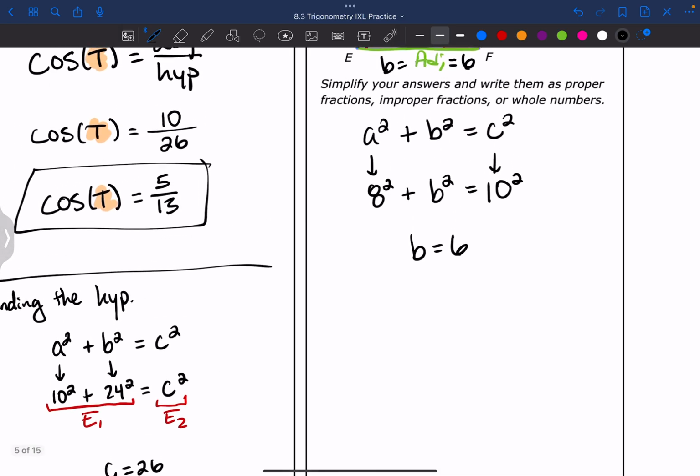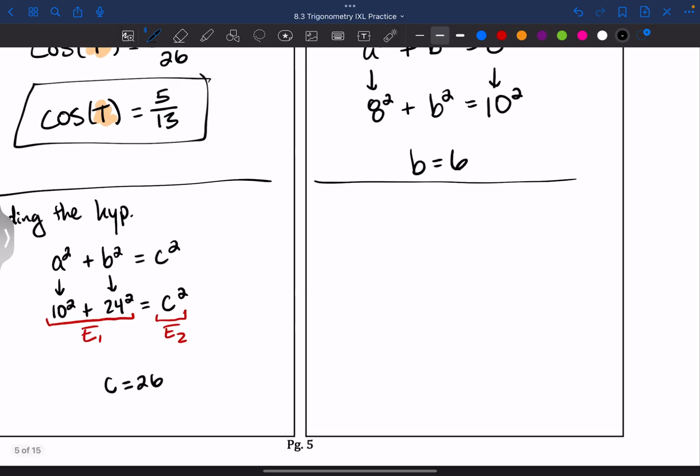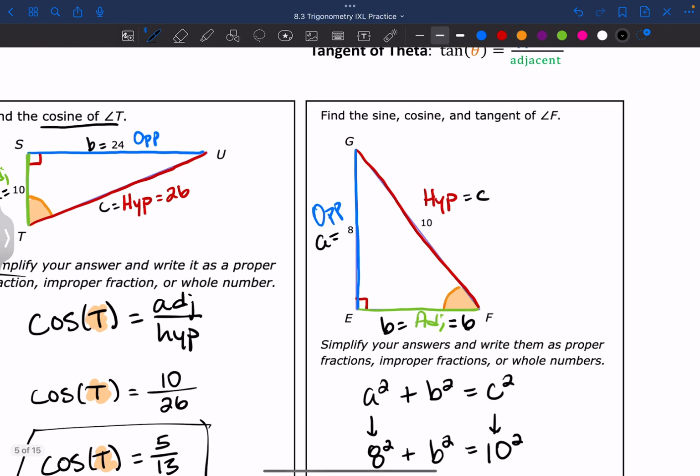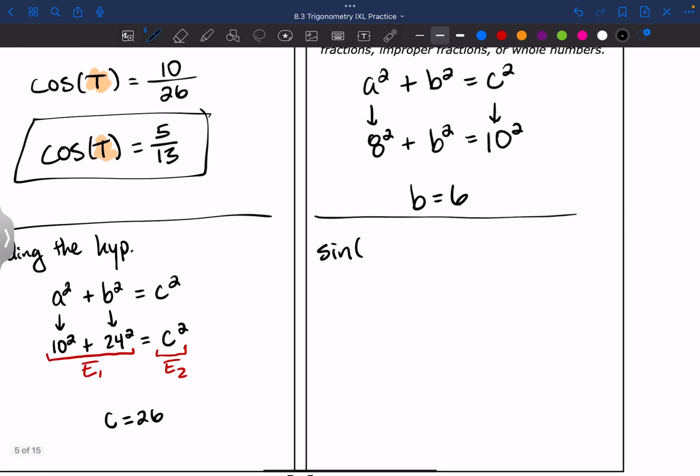So now on to doing sine. So again, sine of, what's my angle again? Sine of angle F. And sine of F, if you don't remember, go back to the top. It is literally the opposite side over the hypotenuse.